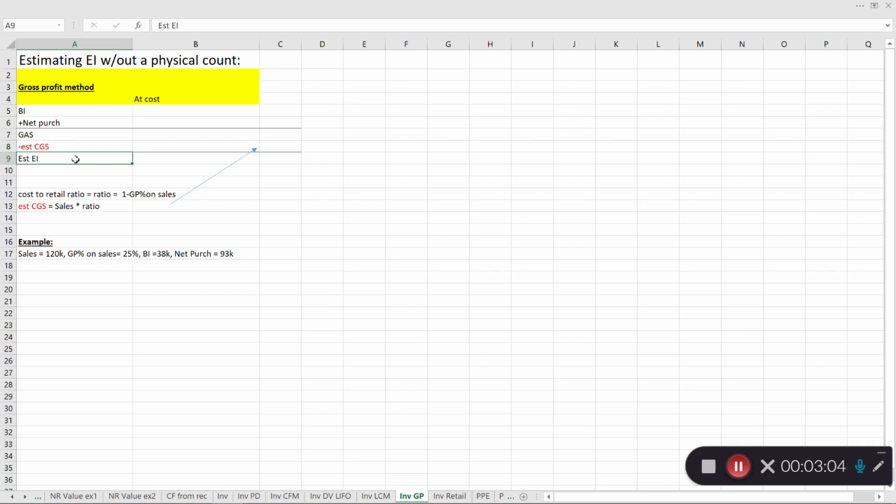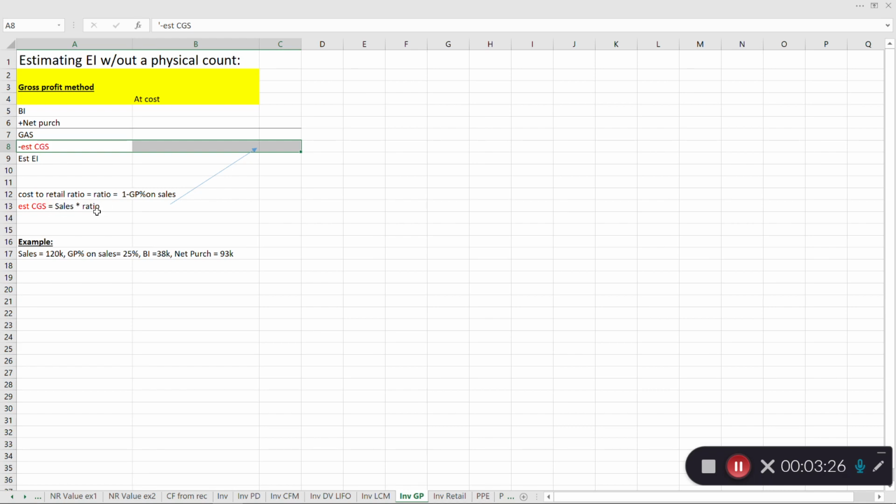So what we do here is instead we estimate what cost of goods sold is based on sales data. And what I mean by that is, to come up with this estimated cost of goods sold, I'm going to grab whatever sales figure I have for the period and I'm going to multiply it times some ratio.